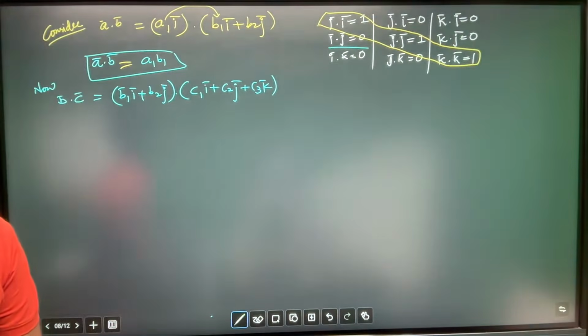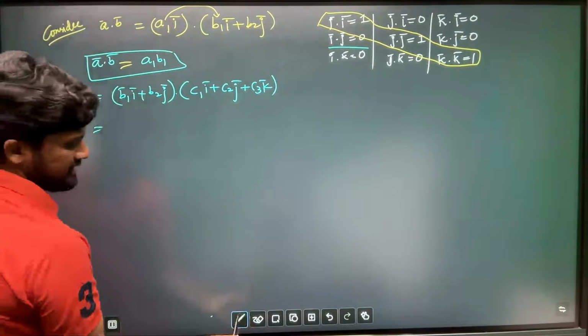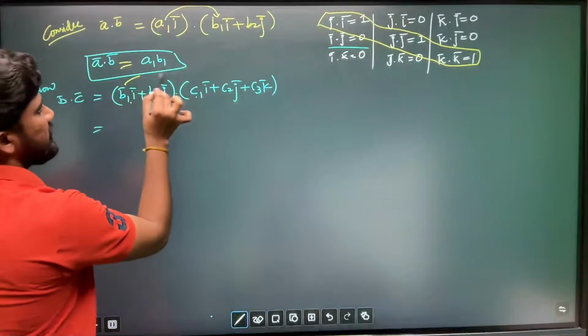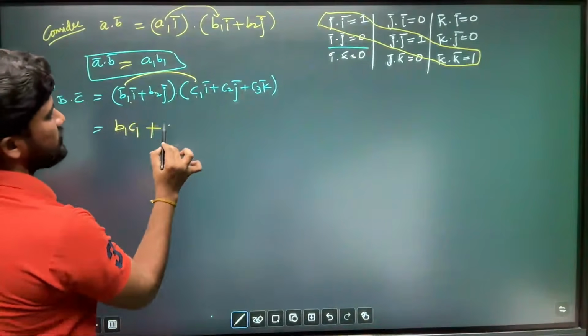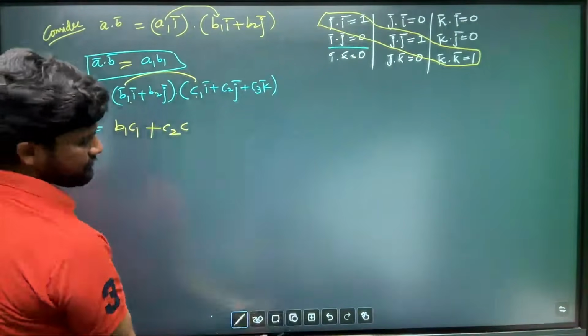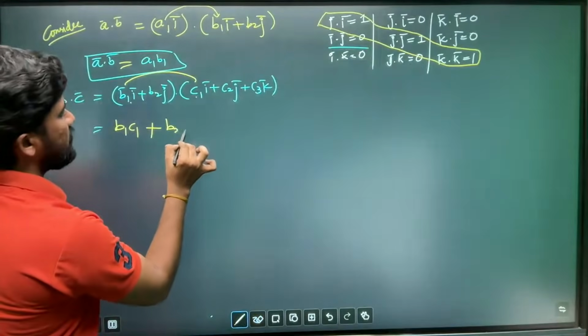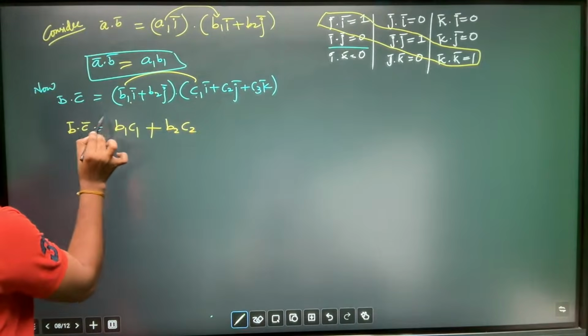Clear everyone? Okay, so now see here, same I bar, J bar, K bar. B1 into C1 plus next B2 into C2. Next values become 0. So therefore this is B bar dot C bar.